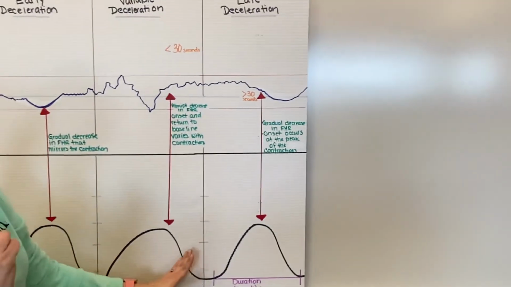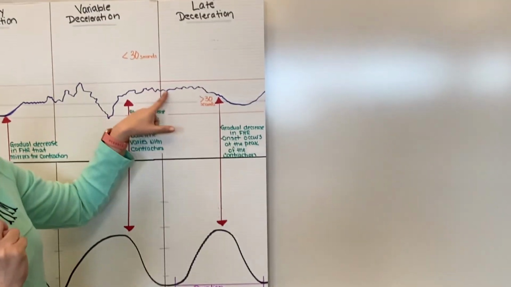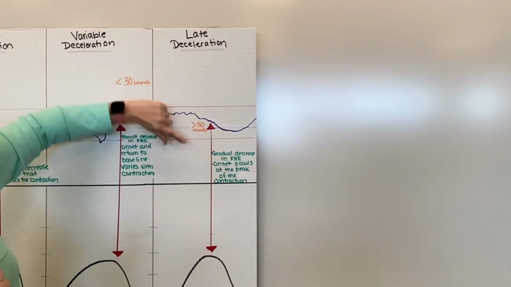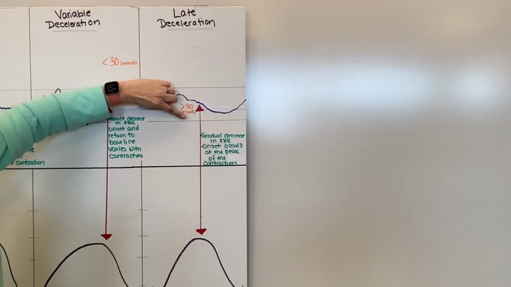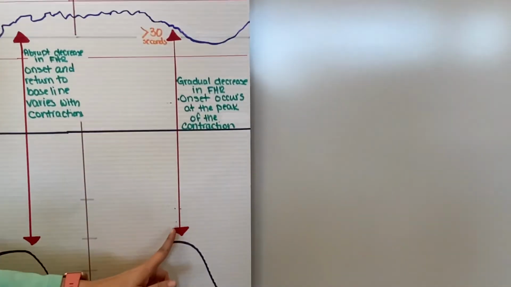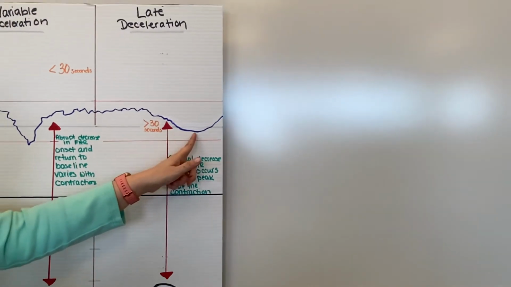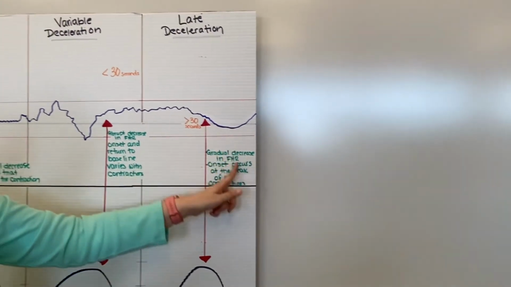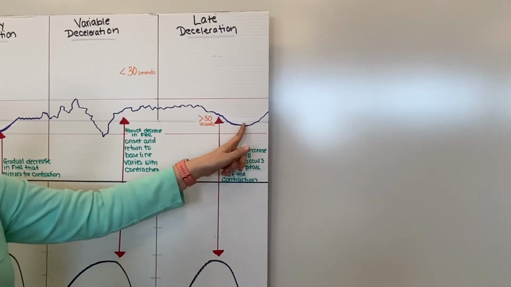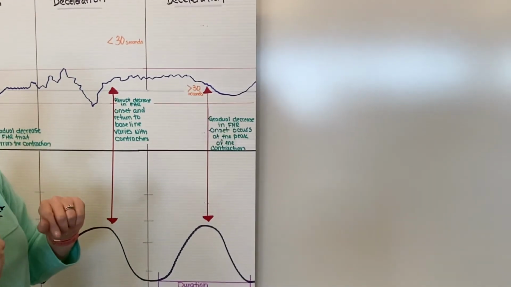Then we're going a little bit more. Mom has another big contraction, and all of a sudden we start to see a gradual decrease in the fetal heart rate that is occurring after the onset of the peak of the contraction. All right, and then the nadir of the decel happens after the peak, and then it returns to baseline.